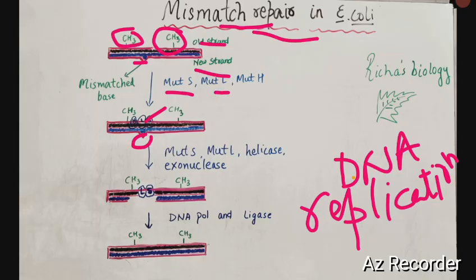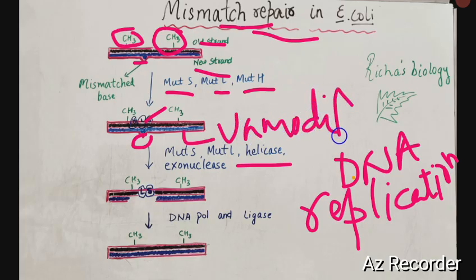Then MutL will come. The binding of MutL will in turn activate MutH, which will cleave the unmodified strand here. The new strand is unmodified. Unmodified means what?